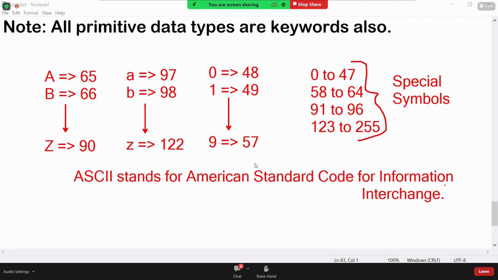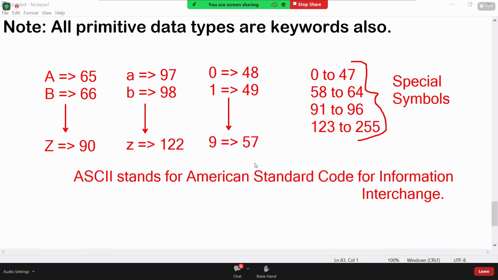Note down all these numbers. So capital letters 65 to 90, small letters 97 to 122, digits 48 to 57.